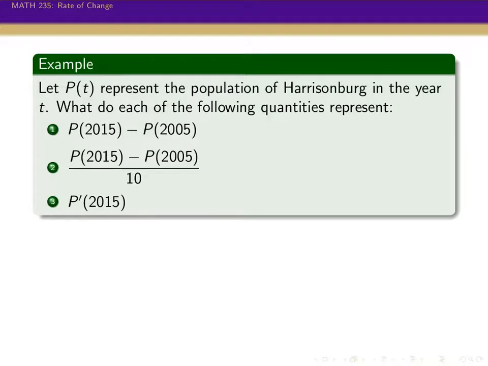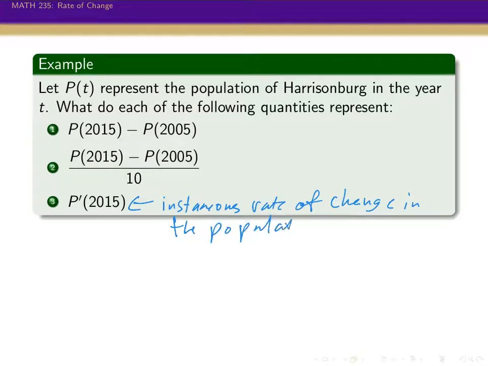Okay. Finally, what if we talked about the derivative of this population function at 2015? Well, this would be the instantaneous rate of change in the population at year 2015.